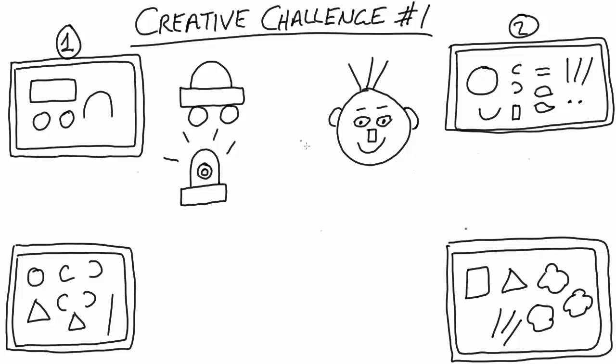Now, we could of course use the same elements and create another doodle. So a circle, an arc, dot dot for the eyes, there for the nose, and there we go. That's sort of like a teddy bear, I guess.